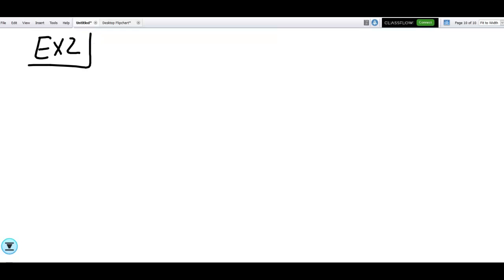So we did an example to show how do you simplify expressions that have complex fractions. Well, this is going to be one where we talk about how to deal with radicals. All right.